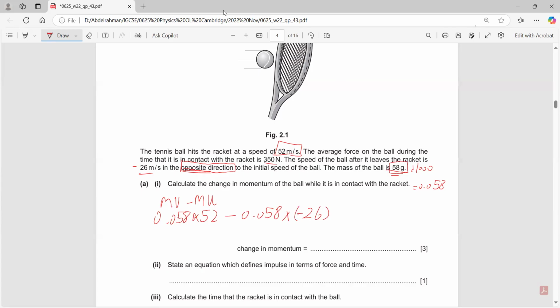It has to be negative. One of them has to be negative. Which would give you a final answer of 4.5 kilograms meters per second.